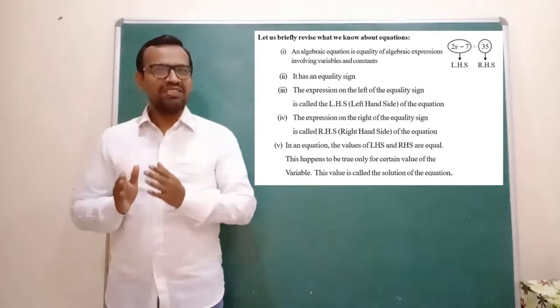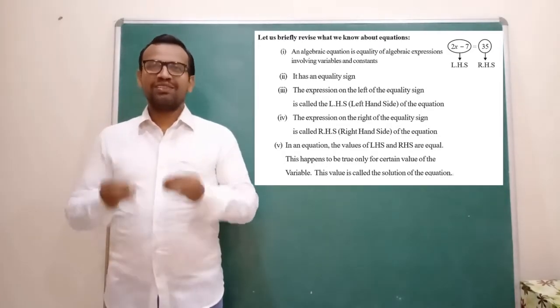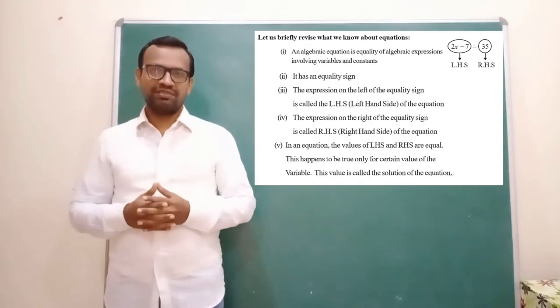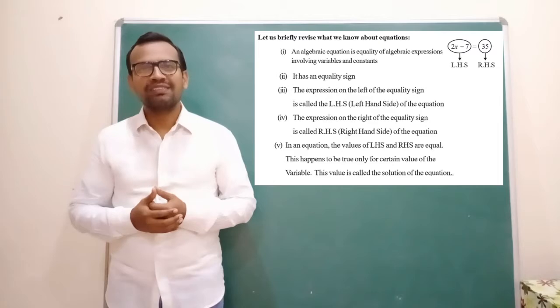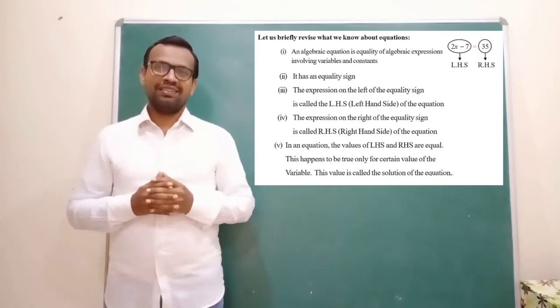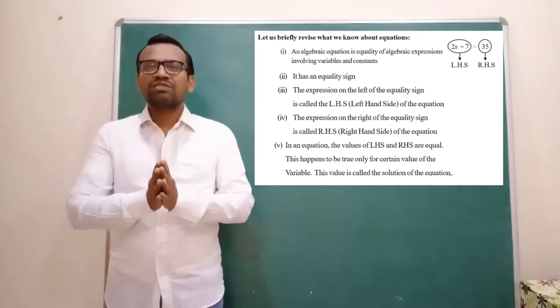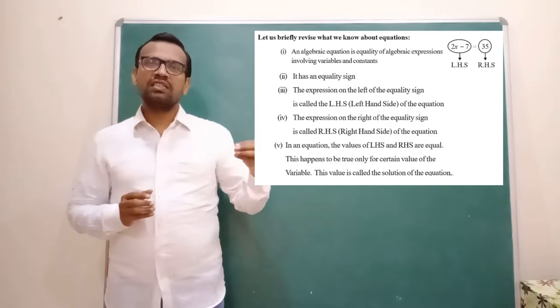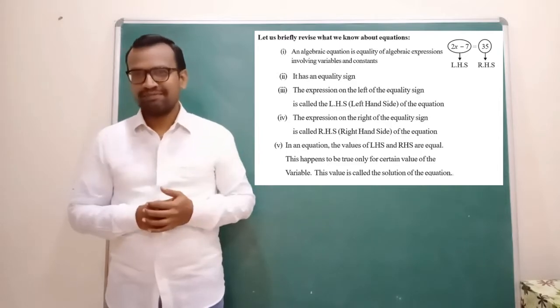Students, what are constants? Yes, the quantities which have a fixed value, like the numbers 1, 2, 3 and so on. And then what are variables? Yes, the quantities which have no fixed value, like a, b, c, d, the English alphabet.